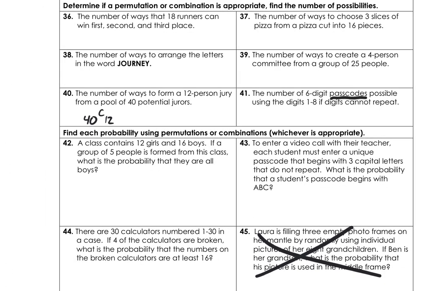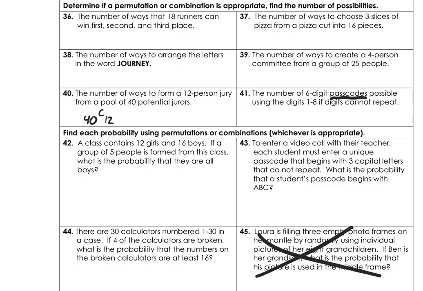If we look at number 41, a 6-digit passcode, the order matters, right? What we said yesterday is 1, 2, 3 and 3, 2, 1 don't both get me into the locker. It has the same numbers on it, but one's going to get me in, one's not. So just because it has the same numbers doesn't mean it's going to work.